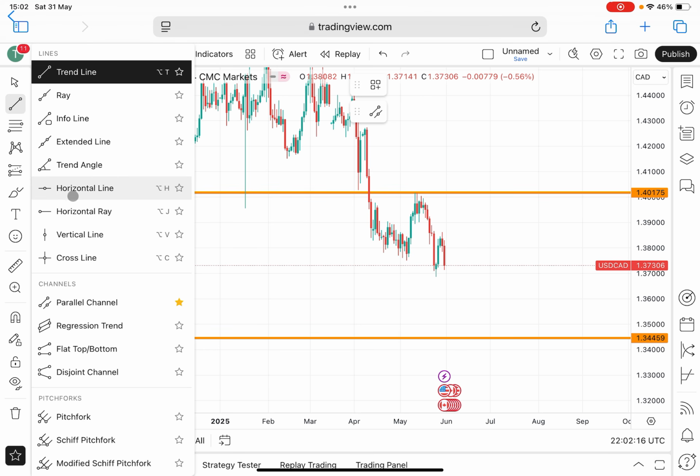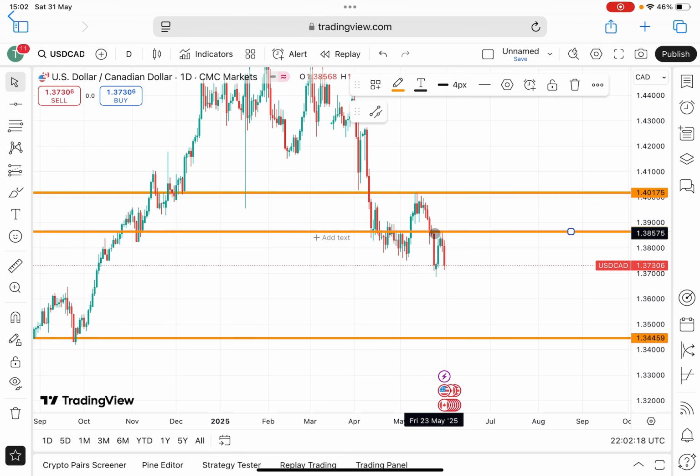Let's put the last resistance. Came back to test, and it will continue to sell. So when this market opened, we actually got in from this resistance right here on Thursday. Yep. And like I said, my take profit is over here.